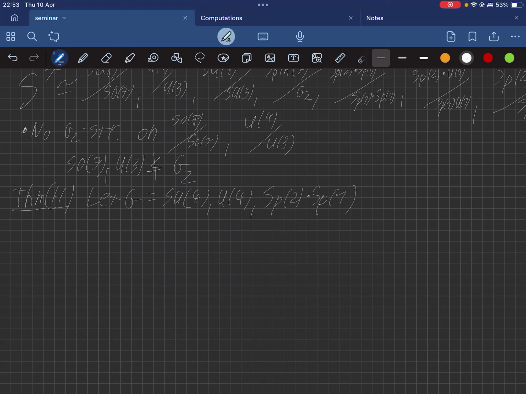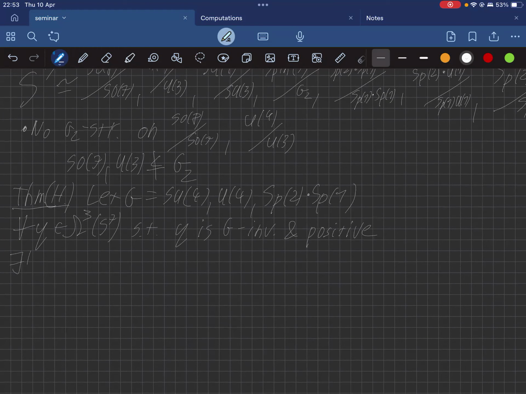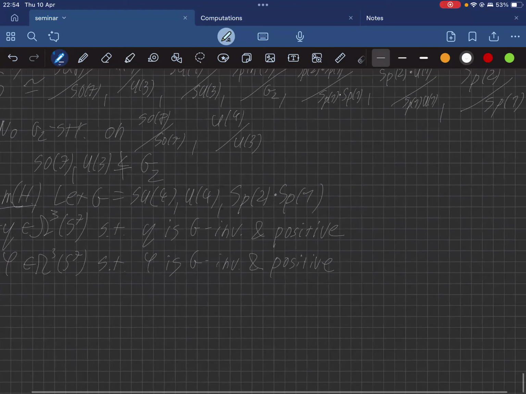Then what we have shown is that for every nu, which is a three-form on S7, such that nu is G-invariant and positive, there exists a unique three-form phi on S7 such that phi is also G-invariant and also positive and solves the Poisson equation.